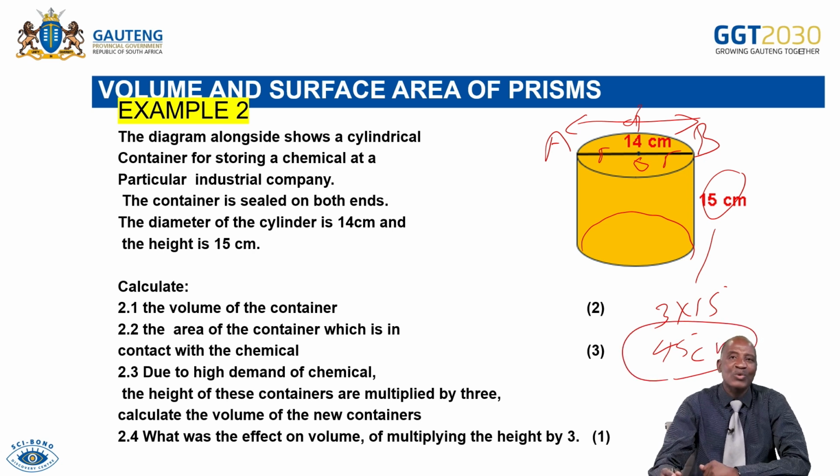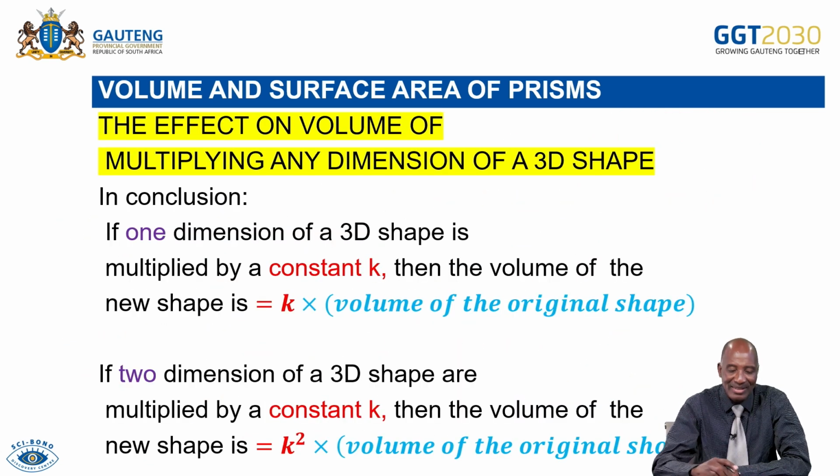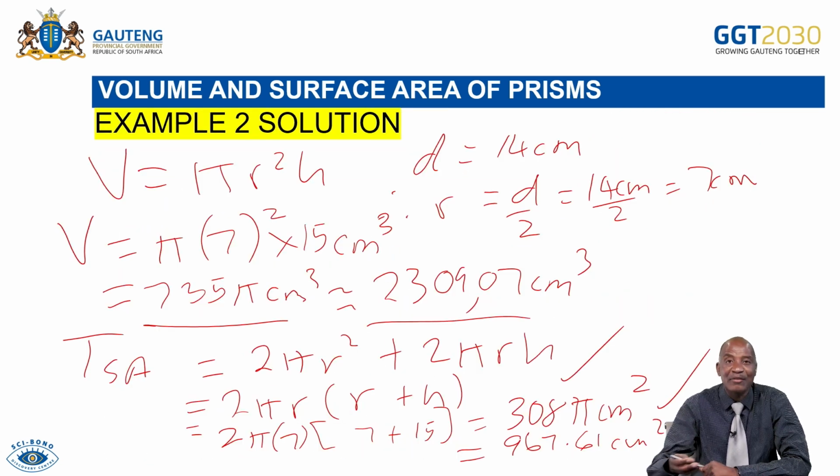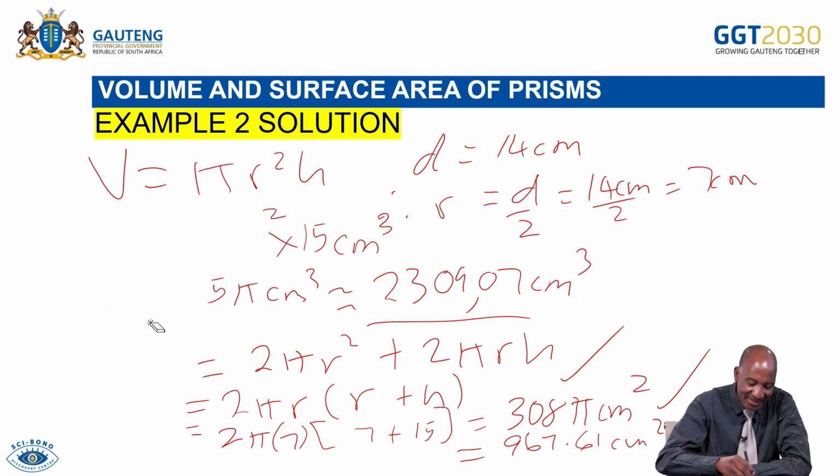So again, you are going to apply your formula to find the volume. We want to see how the volume is going to be affected if we multiply our height by 3. Let's keep the same formula and change our height.